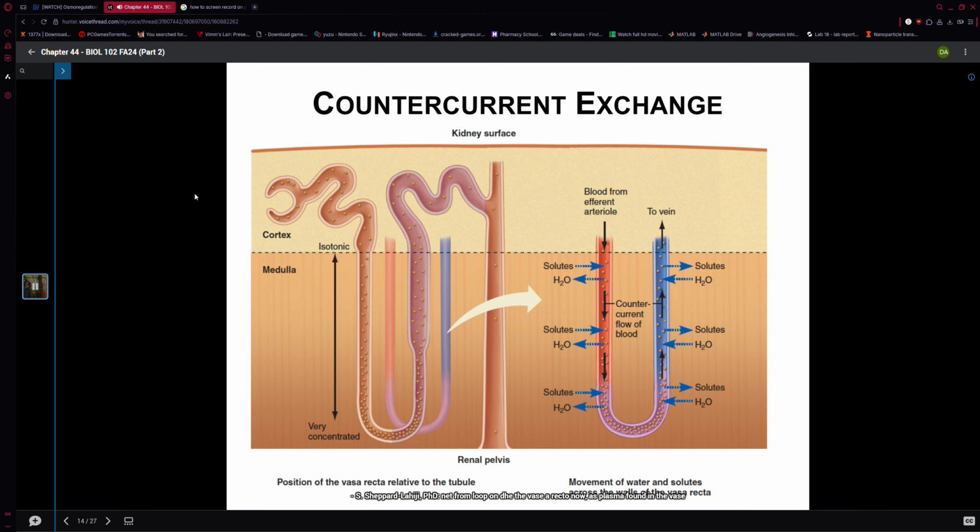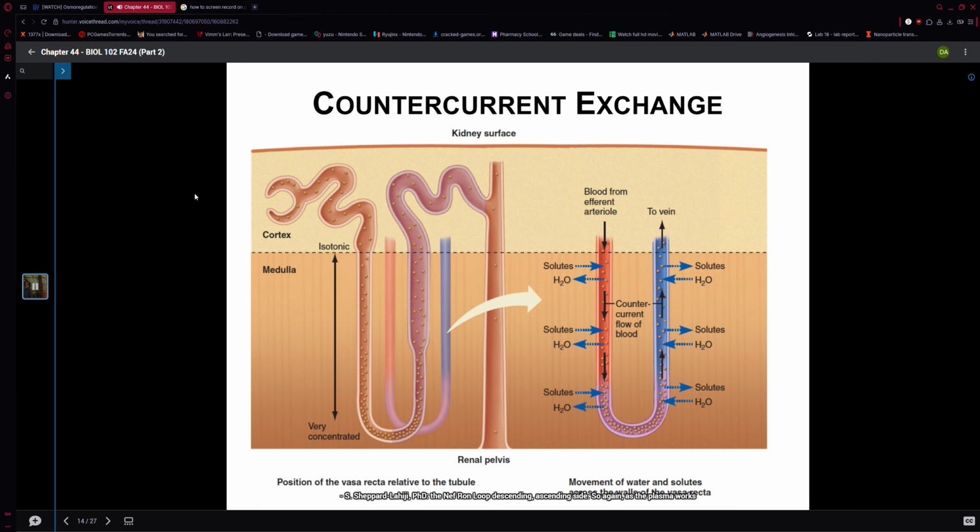As plasma found within the vasa recta makes its way down, the concentration gradient is going to favor movement of solute into the vasa recta and water out, because as we head further into the medulla, the concentration rises. When it comes to permeability, the vasa recta is permeable to the movement of solutes as well as water. So it's not the same relationship as what was seen within the nephron loop, descending and ascending side.